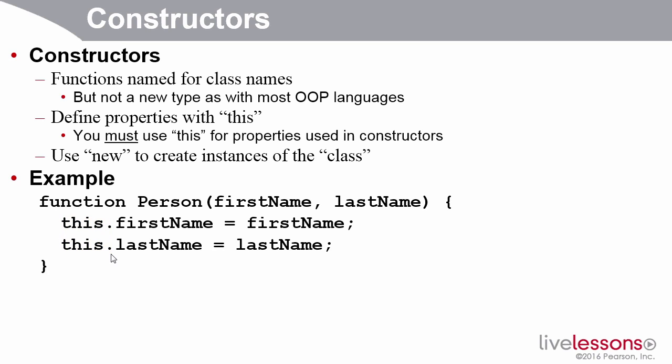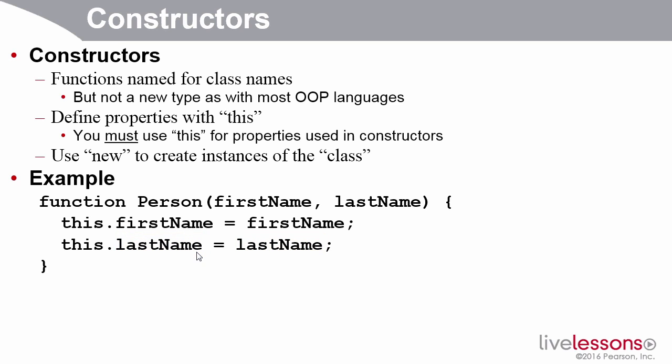Now, there's no law that says the variable that you pass in has to match the name of the field, but it's conventional to do it that way. So this says, take the variable that you pass in, first name, and assign it to the first name field or data member or instance variable or property. And then the next line says, take the second argument that you pass into the constructor and assign it to the field, the property, the data member, last name.